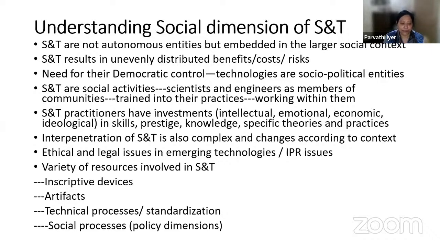What we must understand is that science and technology are not autonomous entities, but are very much embedded in the larger social context. We know that science and technology is shaping every aspect of our life, but at the same time, they are also being shaped.